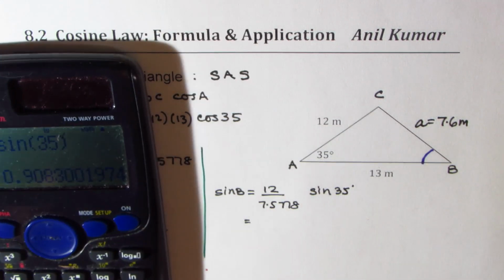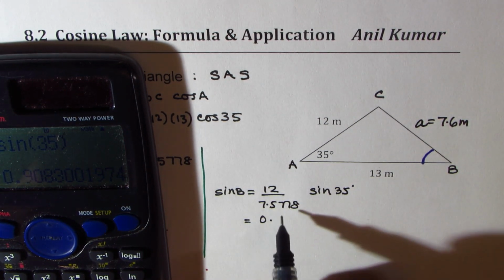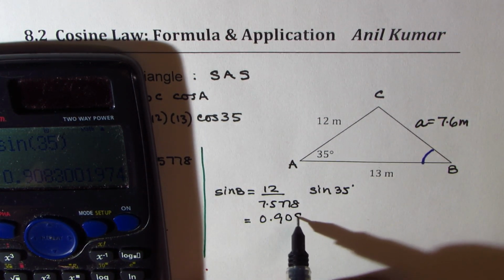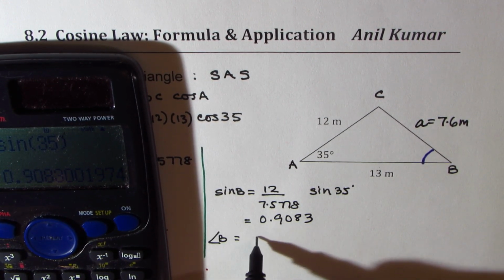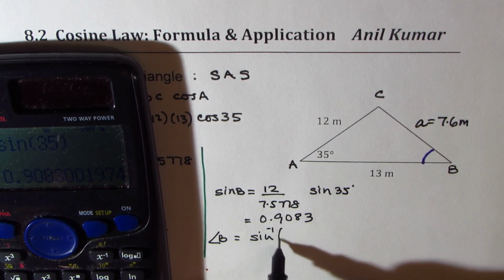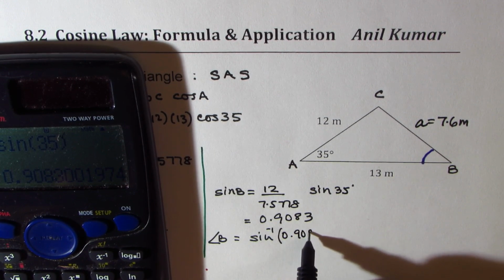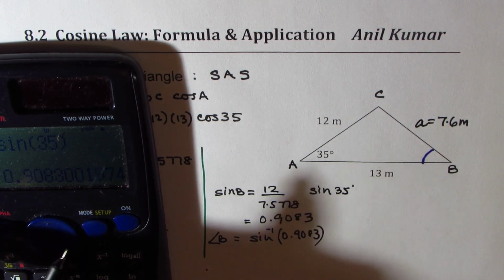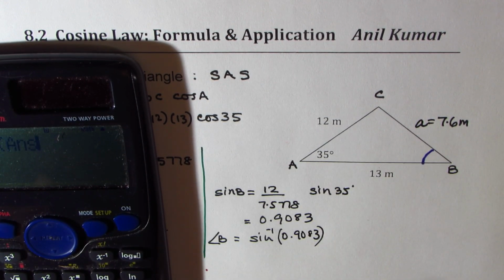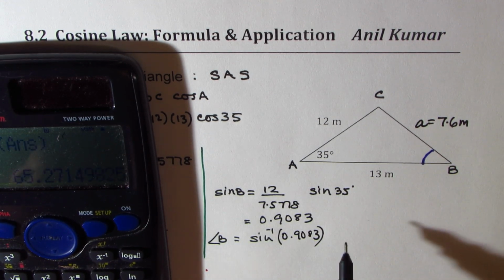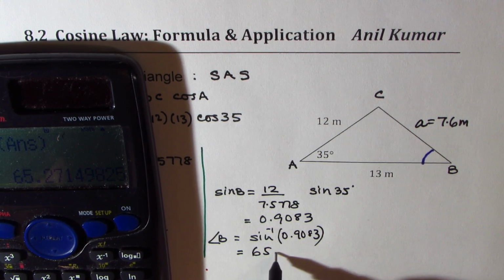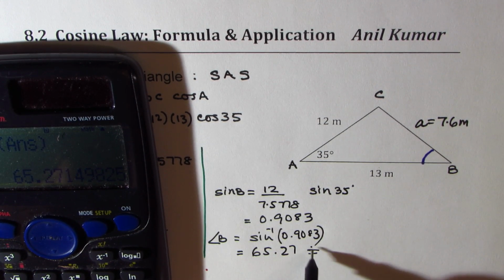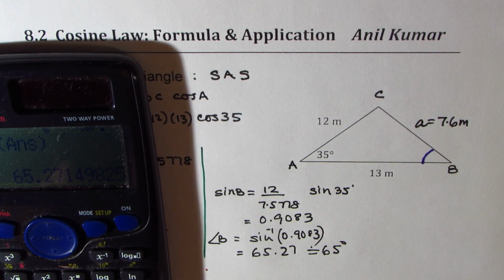It is equal to 0.9083. So to find angle B, we'll find the inverse of this, sine inverse. So shift sine inverse of our answer gives us a value which is 65.27, right? Let's round it to 65 degrees.